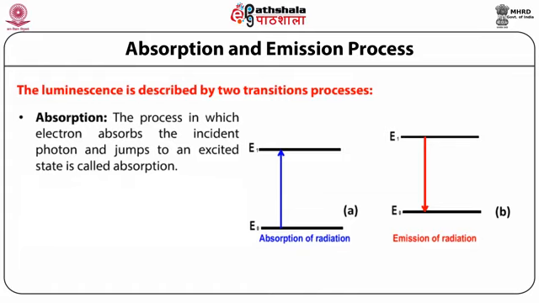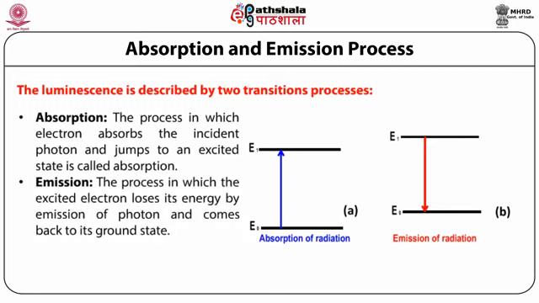The energy of the incident photon must be equal to the energy difference between the ground state and excited state. The absorption is shown in figure 1a. Absorption spectrum is also referred to as excitation spectrum.